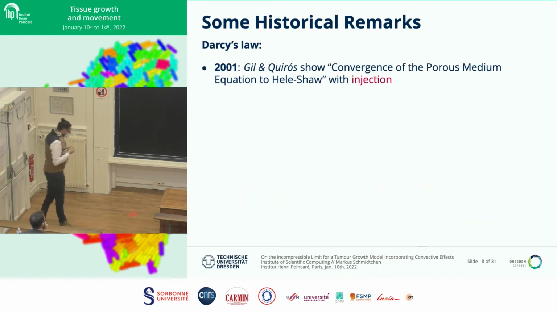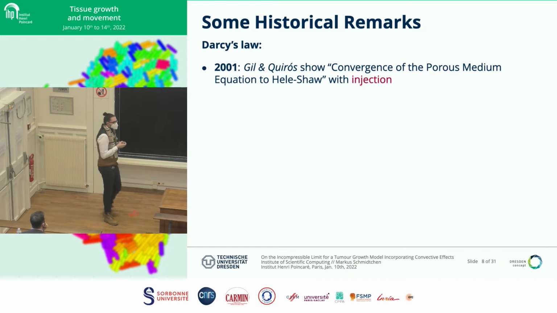So then the story continues. After these fundamental, seminal works, there was a paper by Gilles and Quiros where essentially they take a half space and have an injection at the origin. And then they see how the free boundary propagates.